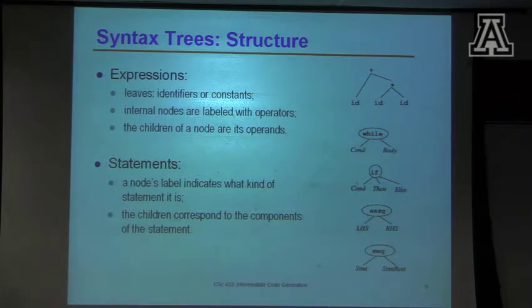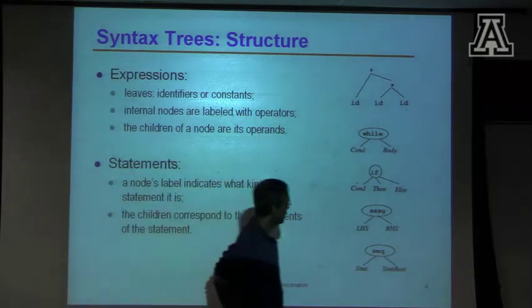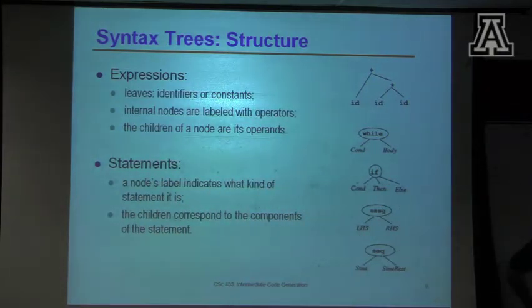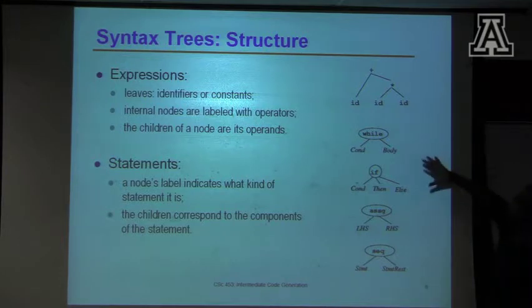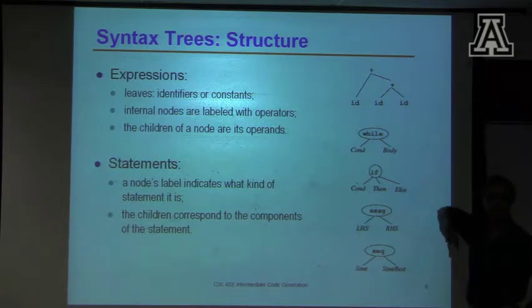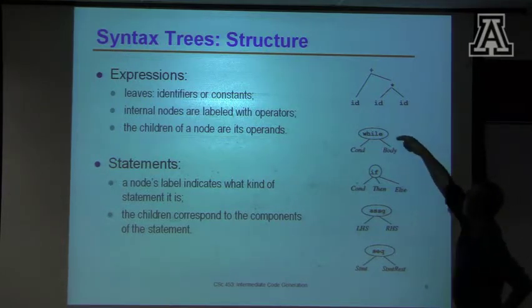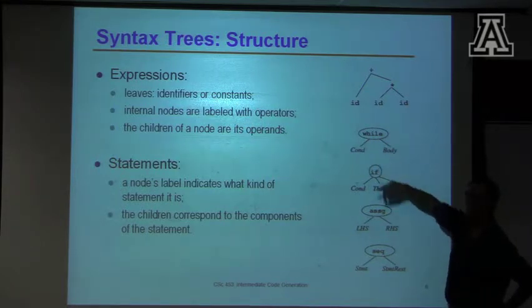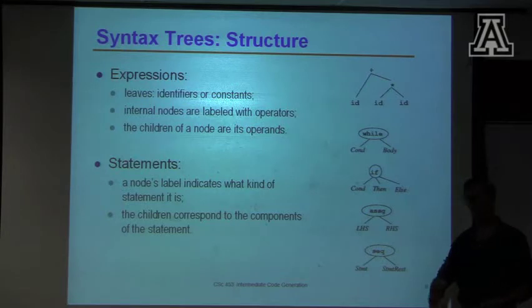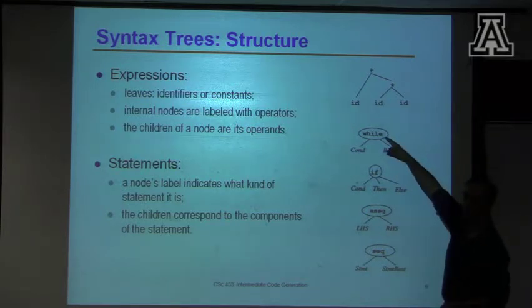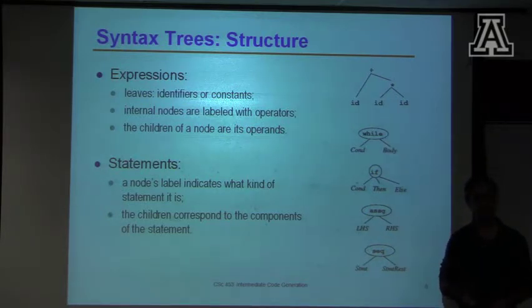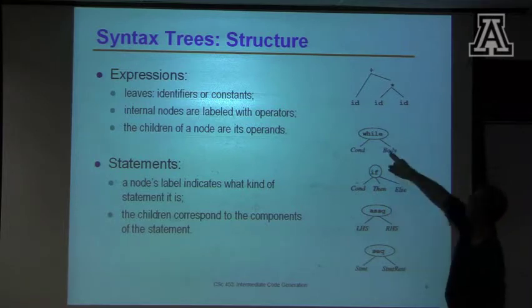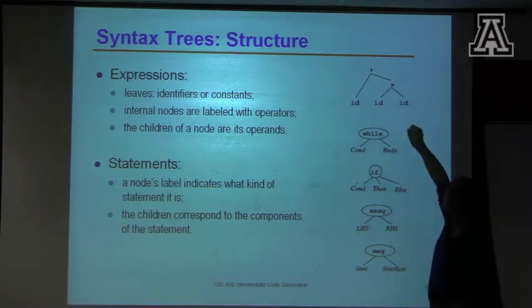Okay. So you can see a few fairly obvious comments. The type of a node tells you what the computation is. Its children tell you what the computation is performed on. The type of the node tells you how many children that node has. So some have 2 children. These guys have 2 children.